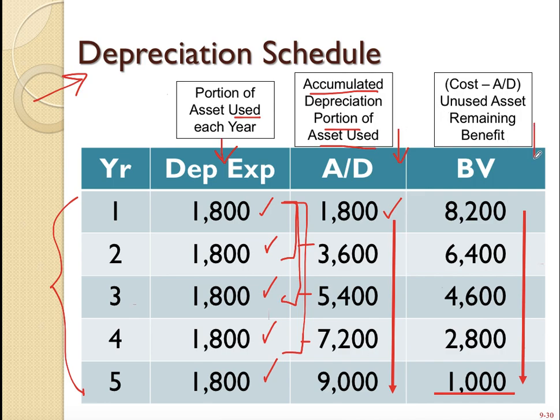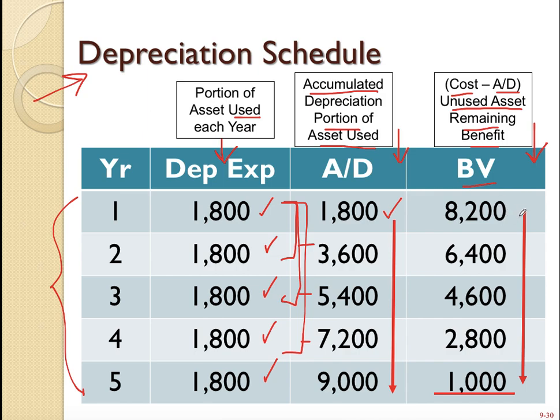Then we have a column called book value. I shortened it to BV for short. Okay, and again, the formula for book value is cost minus accumulated depreciation. And it represents the unused asset or the remaining benefit. So how much of that asset have we not used yet?